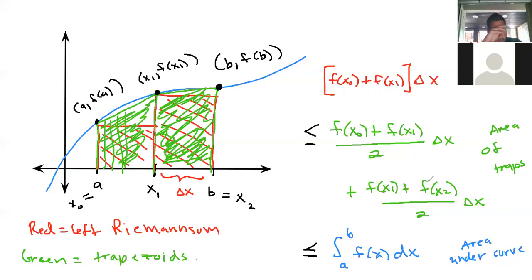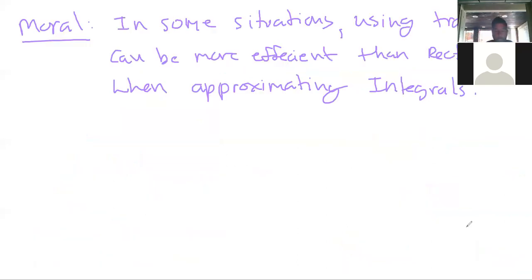Notice that I have two f of x1s, and I could do some algebra to write that a little more compactly. And maybe it would be a good exercise for you to do that. And so I'm going to hope that you do. And hopefully you can readily derive the following formula.